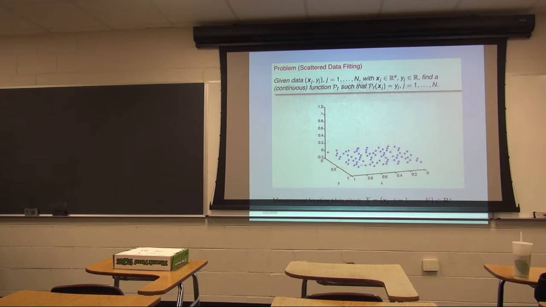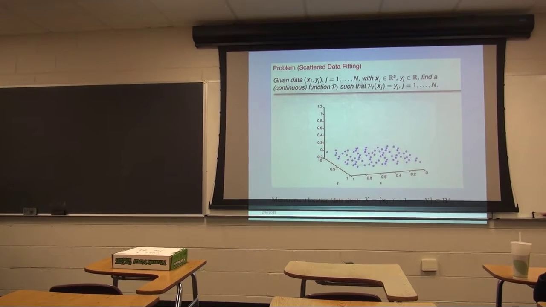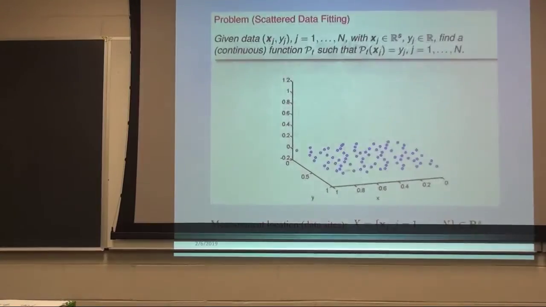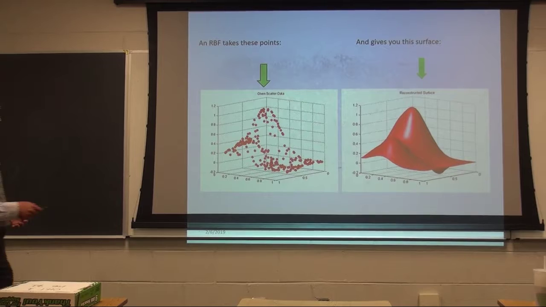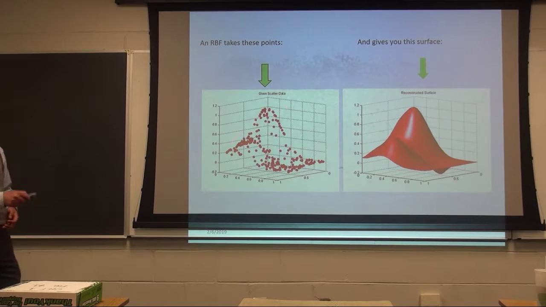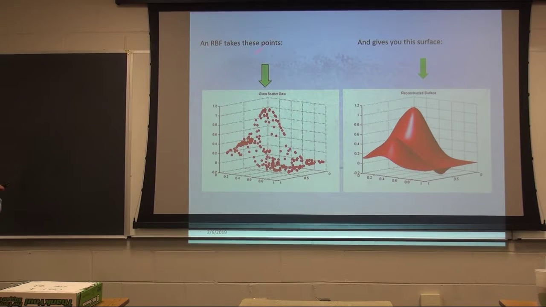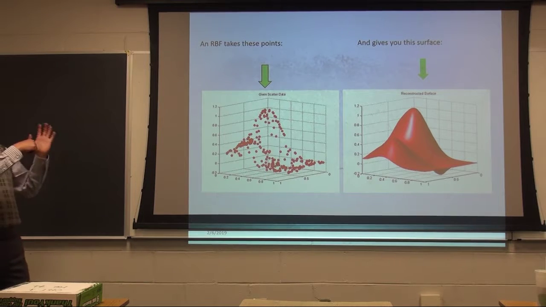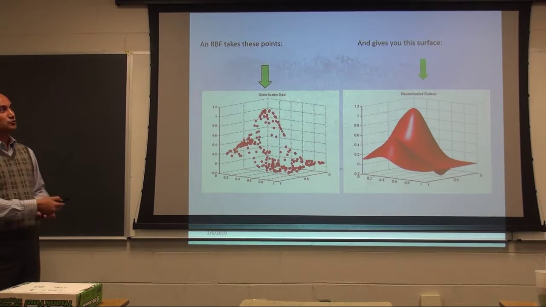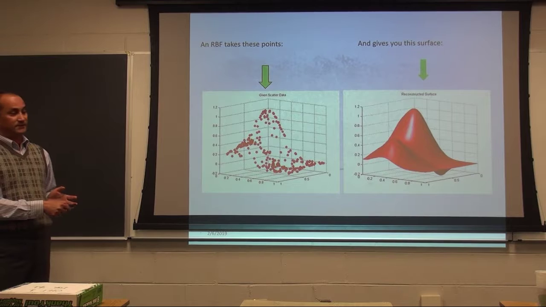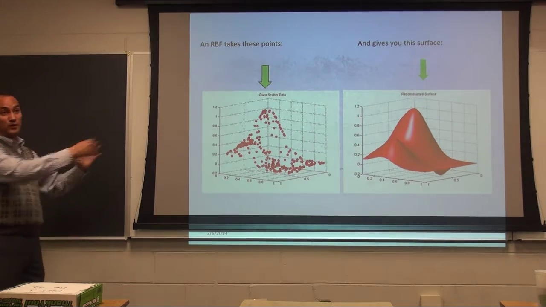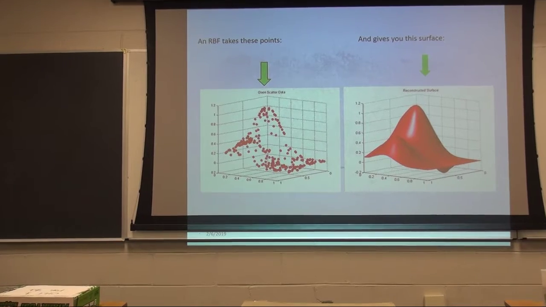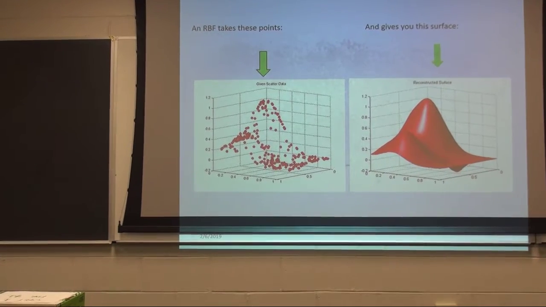Here we have scattered data fitting, and this is how the radial basis function works: given the scattered data, the radial basis function will help us reconstruct the surface. This is one example, and I will show you a couple more like that.